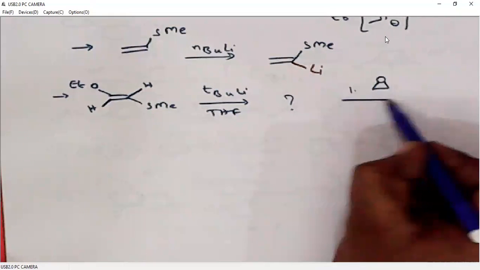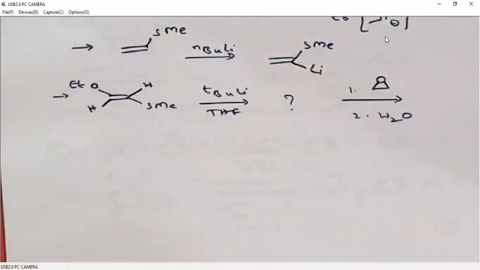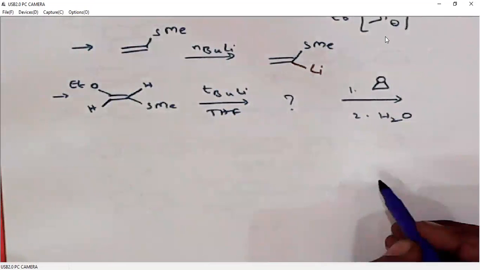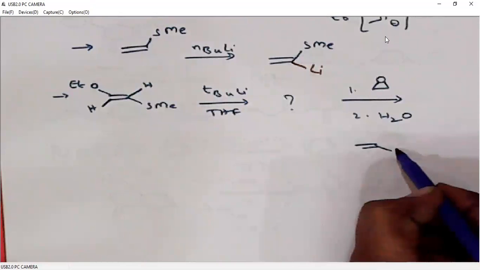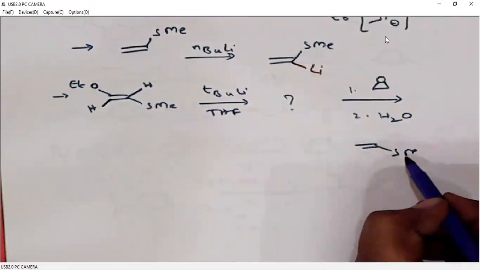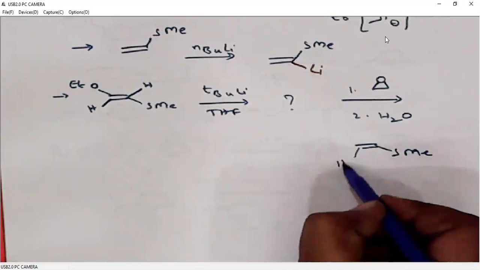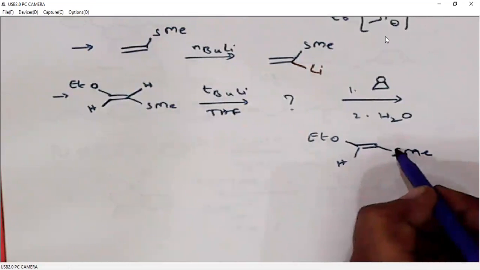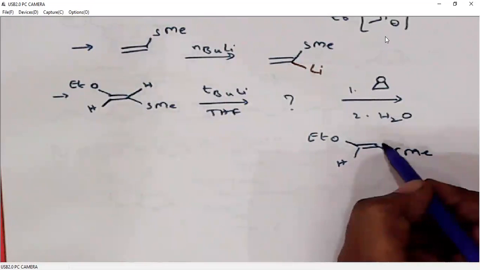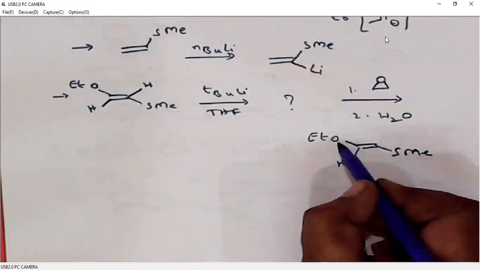Sulfur group can stabilize anion more compared to oxygen.